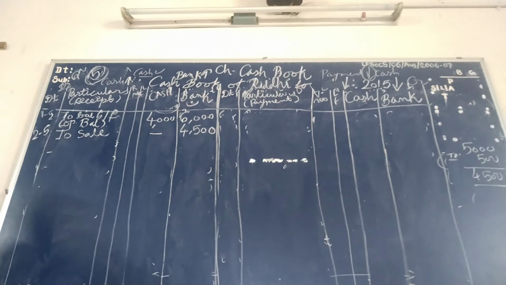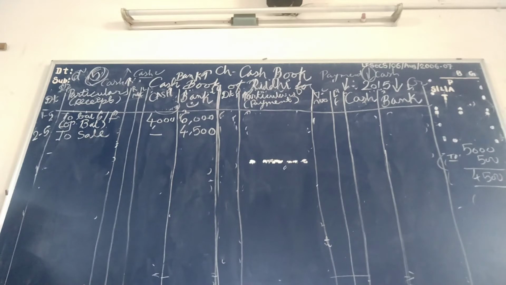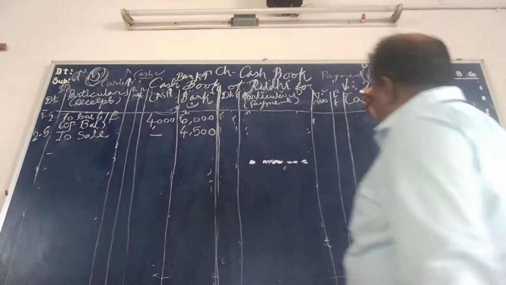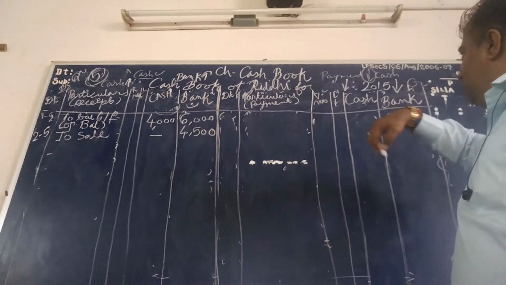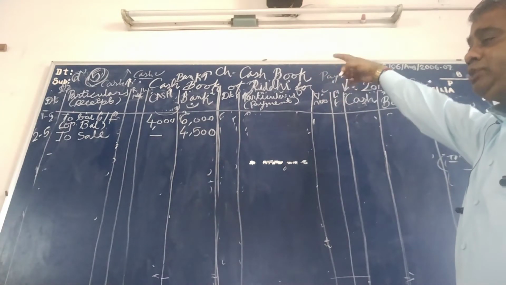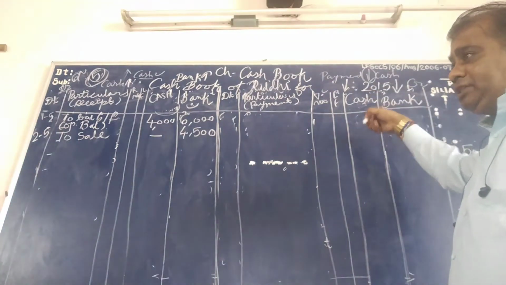Now the next one, 4th of May, 2,000 paid towards the salary and 100 paid towards the brokerage by cash. Both are paid in the form of cash, so we write them on the payment side, the credit side of the combined cash book and bank book.